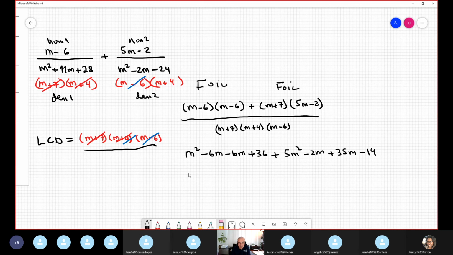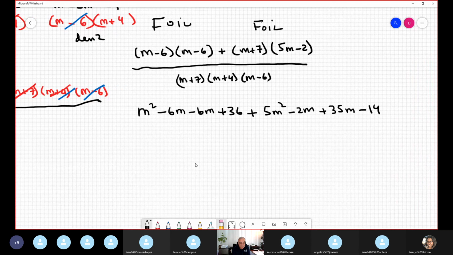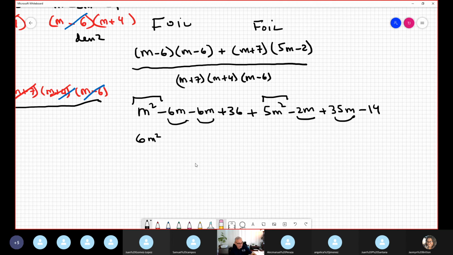Okay, let's continue to manipulate the top part. And temporarily we ignore the bottom part, and the final answer, of course. So we have a 5, 1 and 5 is 6 m squared. These like terms: 6m and 6m together is 12m, and 12 plus 2 is 14m.